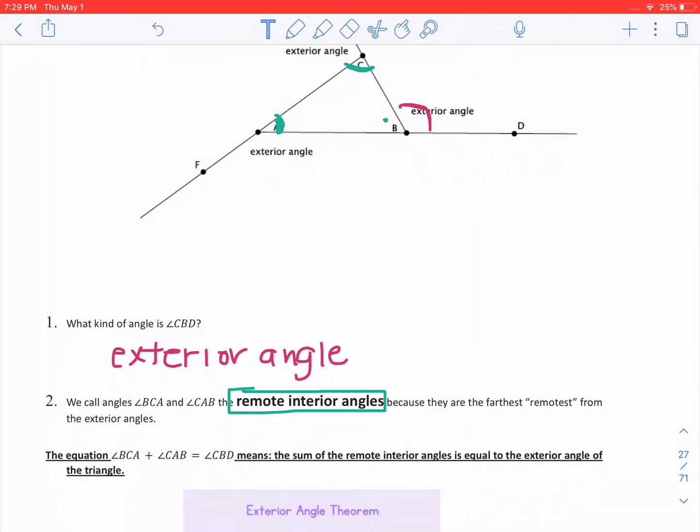So those two angles that we call remote interior angles, when you add them together, will be equal to the exterior angle. So that means the sum of the remote interior angles is equal to the exterior angle of the triangle. So this is what's called the exterior angle theorem.